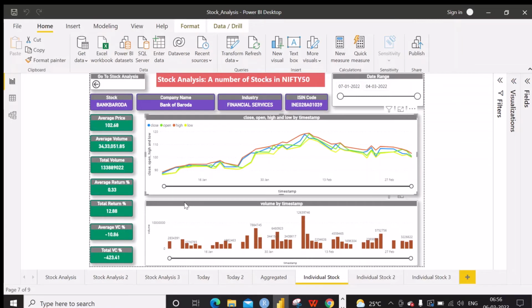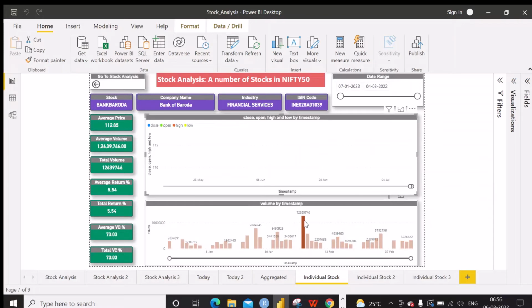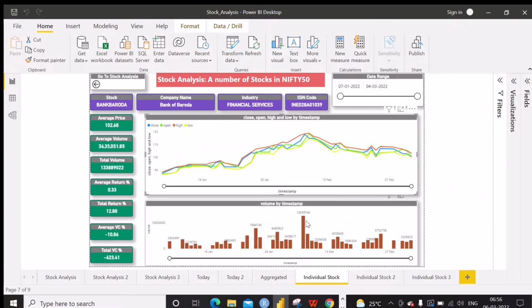This chart provides the volume transaction. For every day, how much volume is transacted for this particular stock, we can get that information in this chart. For example, this day, it got transacted really well, that is 7th February.